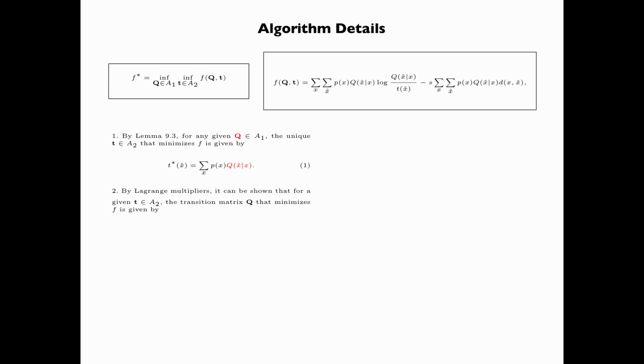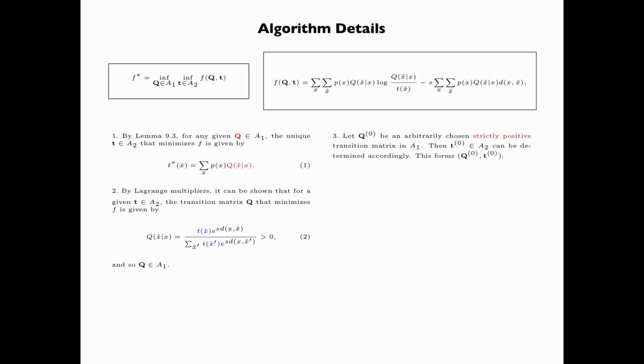By the Lagrange multipliers, it can be shown that for a given t in A2, the transition matrix Q that minimizes f is given by q(x hat|x) equals t(x hat) e to the power s times d(x, x hat) divided by a normalization constant. The details are left as an exercise. Evidently, q(x hat|x) is strictly positive because t(x hat) is strictly positive, and so q is in A1.